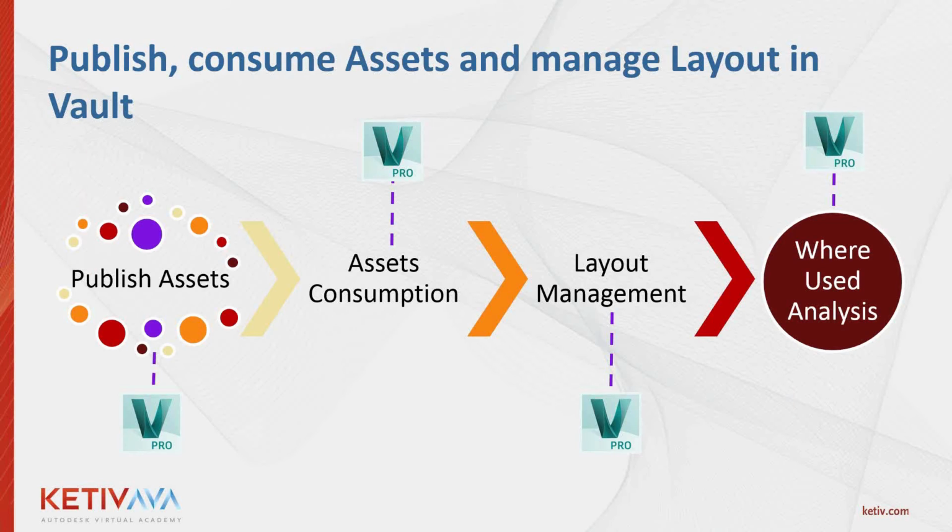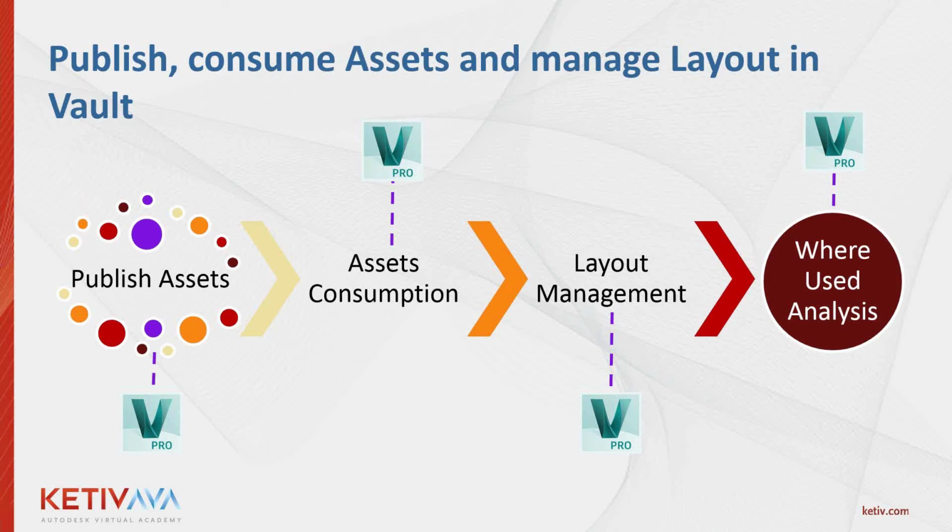Another one, in collaboration with the Factory Design Suite team, is a new integration to work with their asset management tools. So for 2017, those in Factory Design Suite now will be able to publish assets directly into Vault.